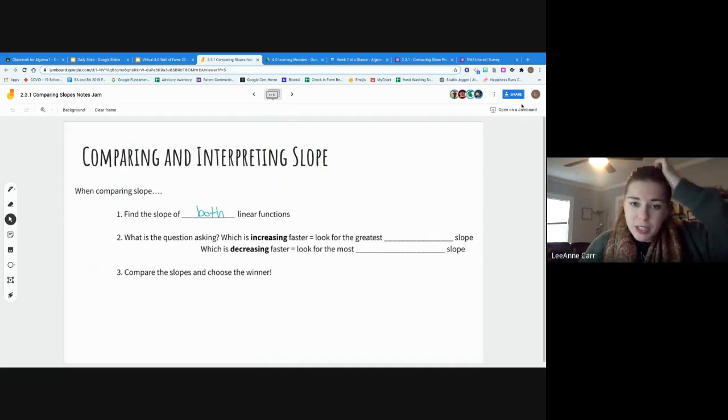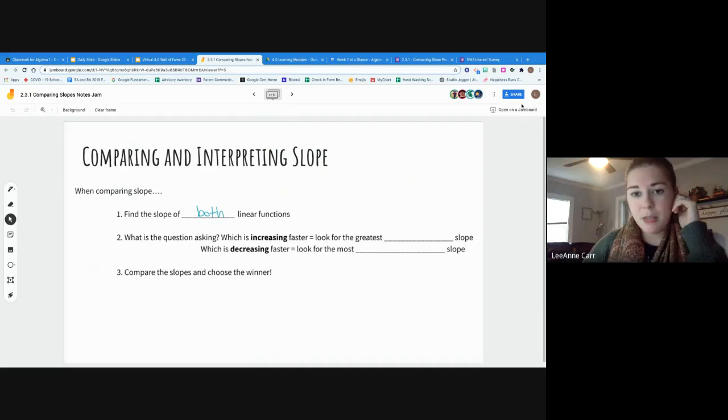Now think back to Monday's lesson. If I want to know which one is increasing faster, what type of slope am I looking for? Yeah, thank you, Evelyn. Positive slope. So if I ask which one is increasing faster, you're looking for the biggest positive number for a slope.